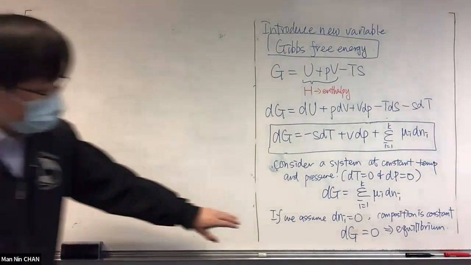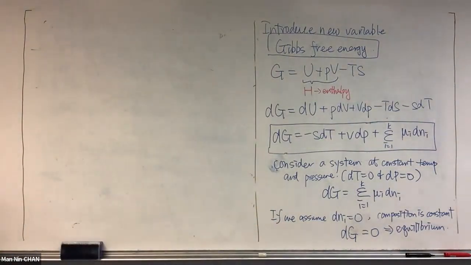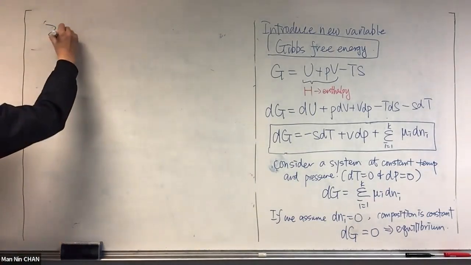So now you have some idea about the equilibrium. I also assume you have some idea about the second law of thermodynamics. Basically, the second law tells us that the entropy of a system will increase when we talk about an irreversible process.